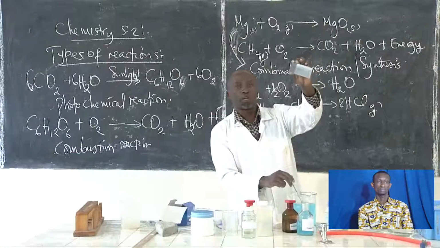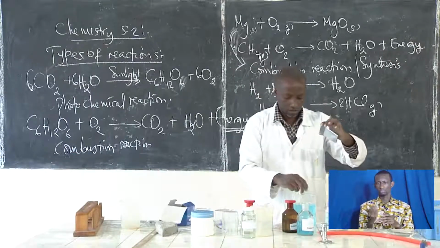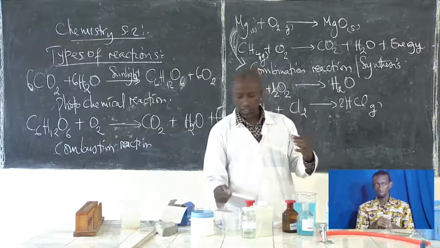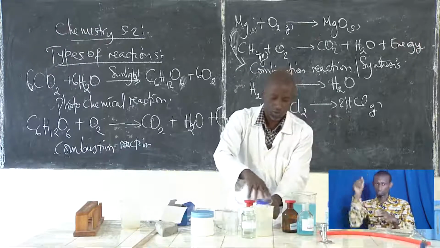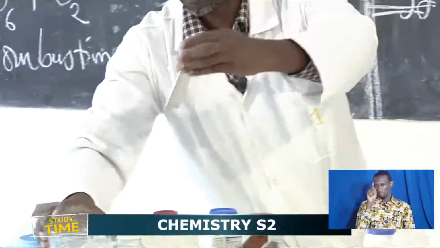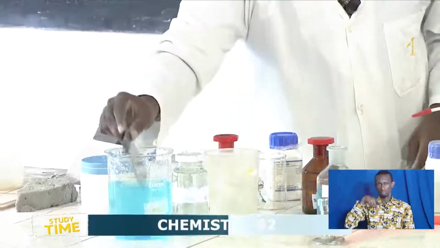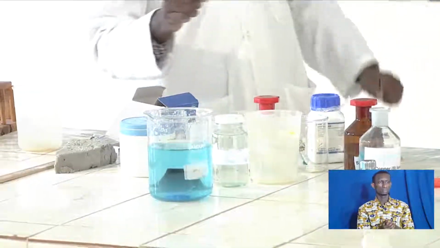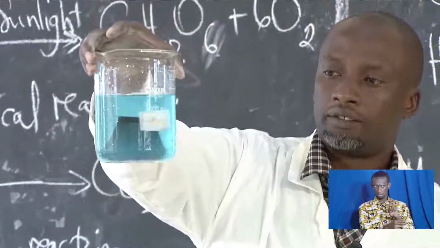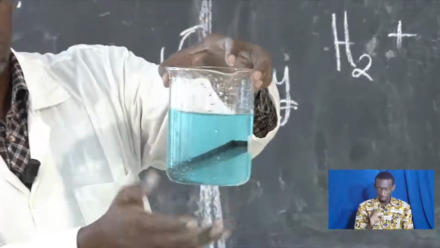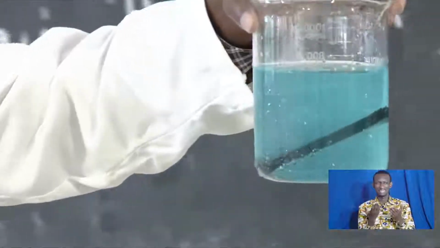I'm going to dip this zinc strip, or zinc plate, in this solution, and then you'll predict what is going to happen. This is a zinc strip, and this is copper 2 sulfate. Take a close look at what is happening. The zinc strip is actually shiny because it is a metal as usual.